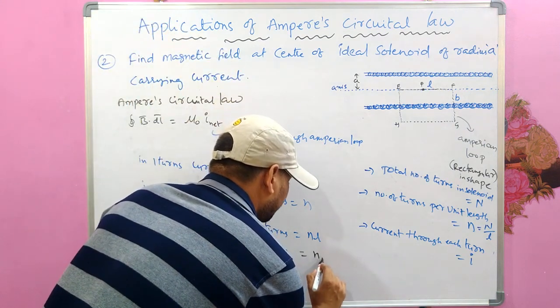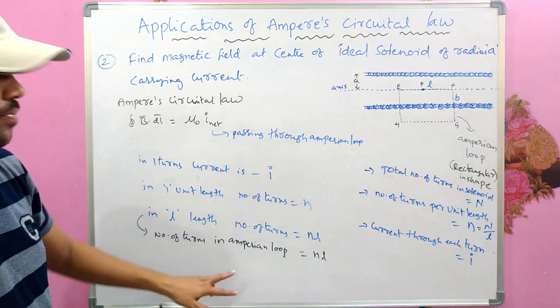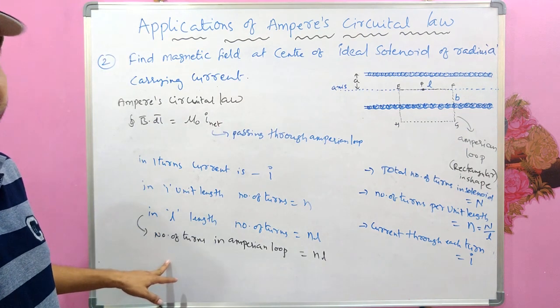The number of turns is equal to n into L, right?